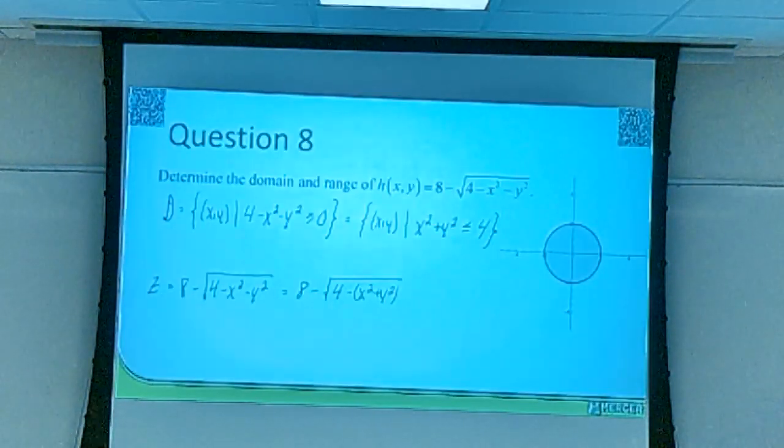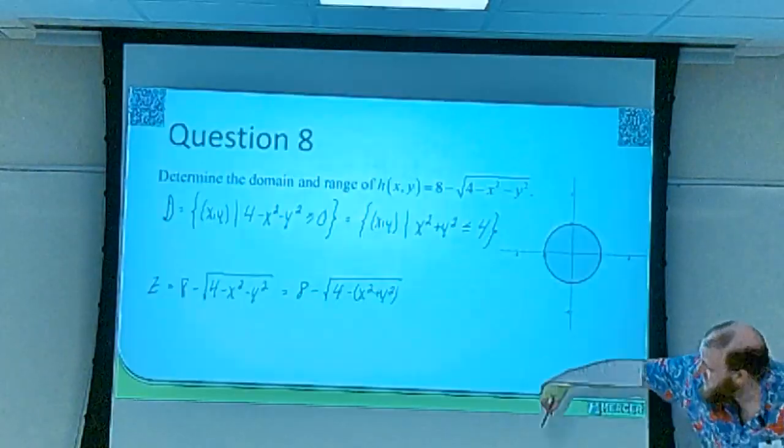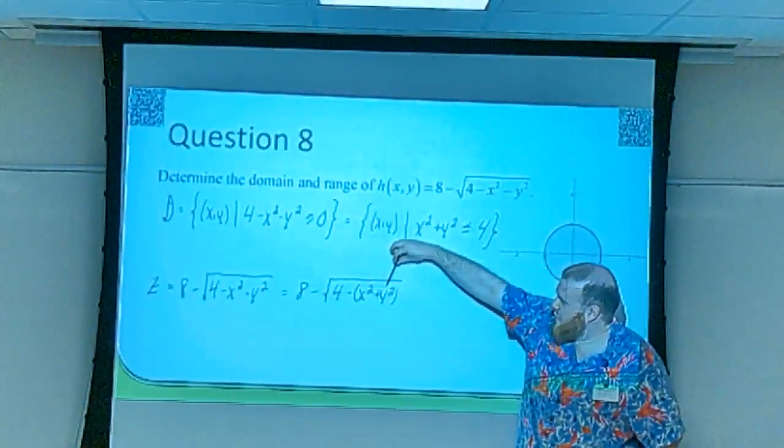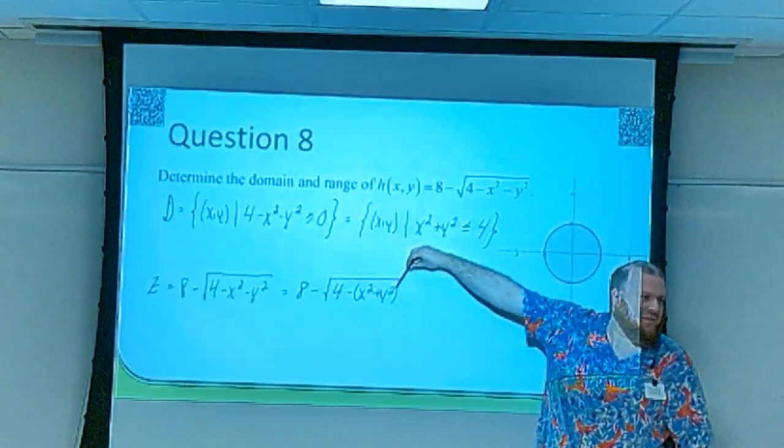Right, so the domain is 0 less than or equal to x squared plus y squared less than or equal to 4. So this value here goes from 0 to 4.